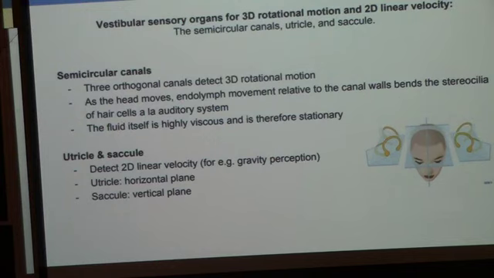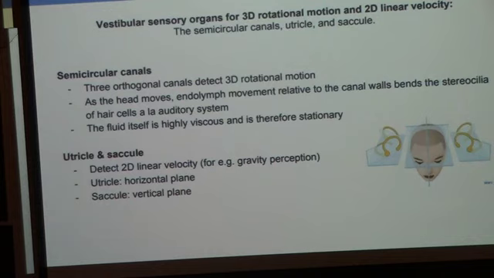So you have that fluid in there, extremely viscous. So when you're moving, your semicircular canals move with you, but because the fluid is very viscous, it doesn't move. And so essentially, the semicircular canal moves relative to the fluid. And so that's how you're detecting your 3D motion.